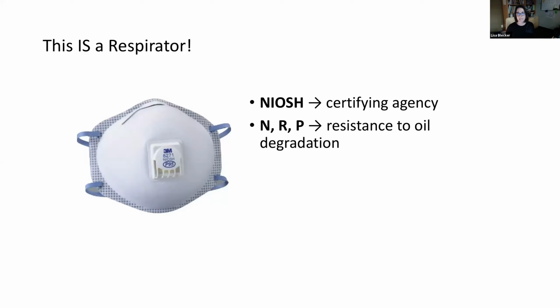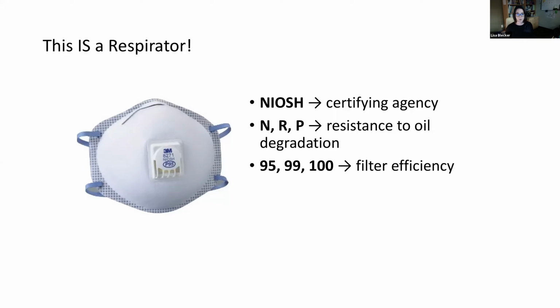N means not resistant to oil, R means somewhat resistant to oil, and P means mostly oil proof or resistant to oil, okay? So there will be a letter code, and then there will be a number, which is going to indicate filter efficiency. And it's either 95, 99, or 100. There's not a huge difference between 95 and 100, whereas there is a big difference between the N, the R, and the P. So that's really what you want to pay closest attention to.